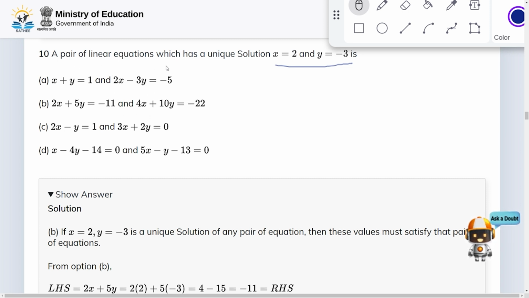So the pair of linear equations which has the unique solution x equal to 2 and y equal to -3 is 2x plus 5y equal to -11 and 4x plus 10y equal to -22. So the correct answer is option number B.